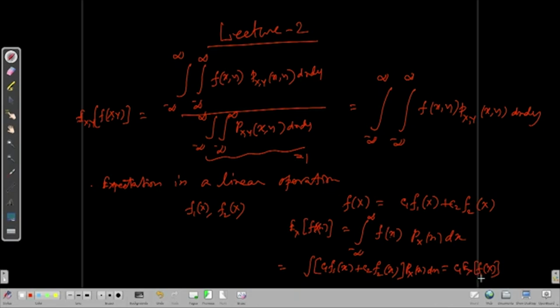By definition, the expected value of f1 capital X is obtained by replacing f1 capital X by f1 small x, multiplied by the chance factor px x dx, and integrating. C1 is a constant and goes out of the integral, plus C2 times, again C2 goes out of the integral, f2x and this, which is again Ex of the function f2x. That is why we say linear. The expected value of this is nothing but C1 times the expected value of f1 plus C2 times the expected value of f2. So expectation from outside can be applied directly on the constituent functions.